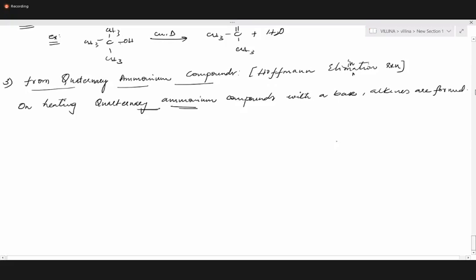If it is attached to alkyl groups, obviously it will be bulkier. If it is bulkier, what will happen? There will be a steric hindrance, which means this steric hindrance factor has to be considered while writing the major product.